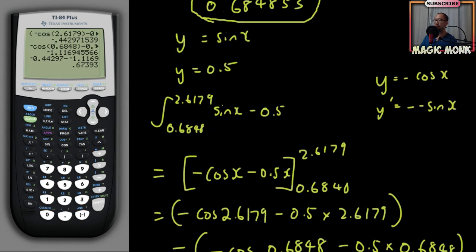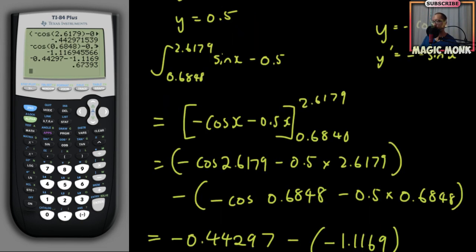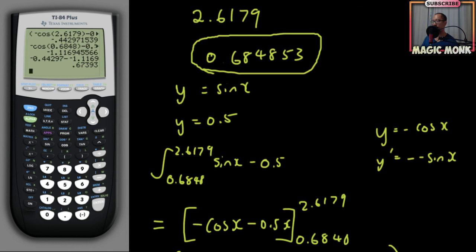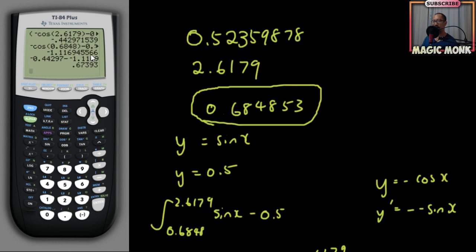It's so close. 0.6848, 2.6179. Are these the numbers I used? No. No, I'm using the wrong number. Why did I use 0.6848?